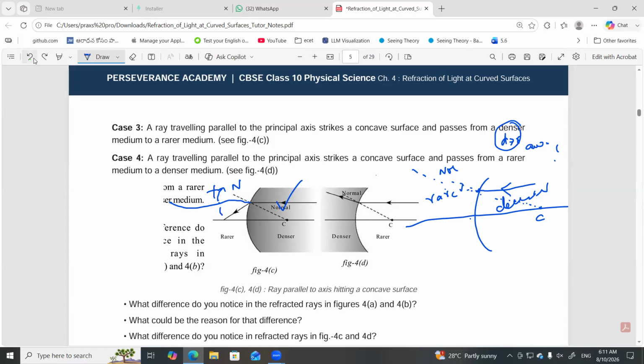So Nana, just you try the fourth diagram. First, draw the curved surface. Fourth one, figure 4D is there, no? In your notebook now. And keep denser and rarer.